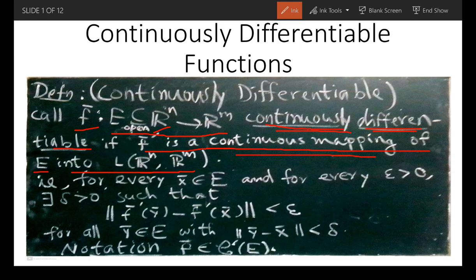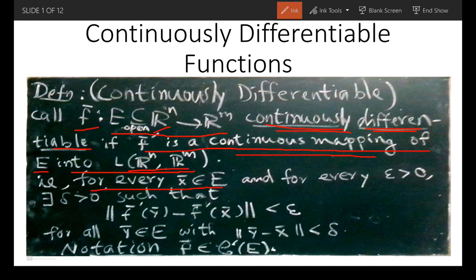അപ്പോൾ നമുക്ക് ഇതിനെ കുറച്ചും കൂടി പ്രിസൈസ് ആയിട്ട് ഡിഫൈൻ ചെയ്യാം. That is, for every x in E I want a continuity of f dash x. f dash x is in L of Rn, Rm. So നമ്മൾ എങ്ങനെ continuity പറയാം?